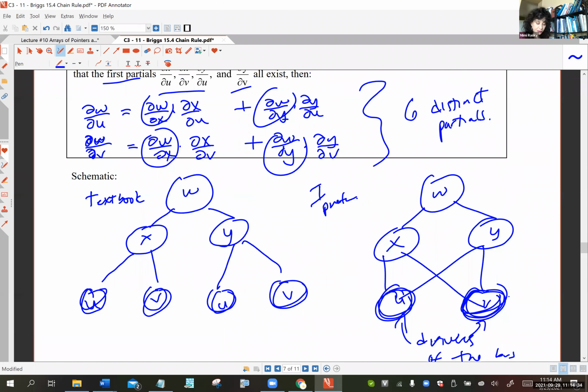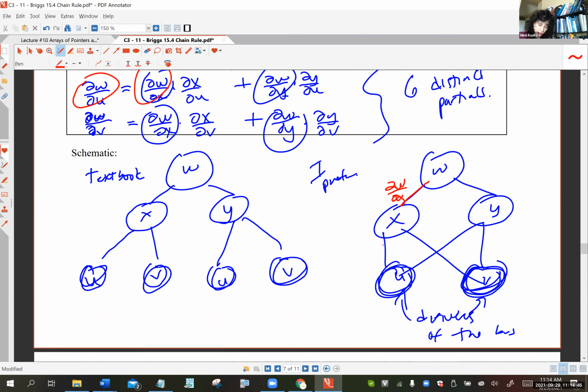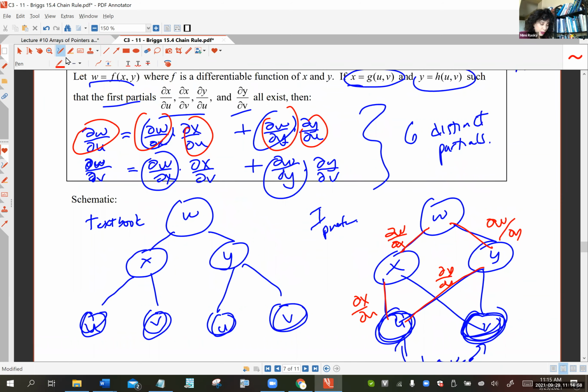Okay. So if you use either of these tree diagrams to get these formulas, dw du, you first go down the dw dx, and you want the derivative with respect to u, so you go down the dx du. So that gives you that. Plus, you got to go dw dy, and then you go down dy du right there. Now, what if you need the other partial of w?